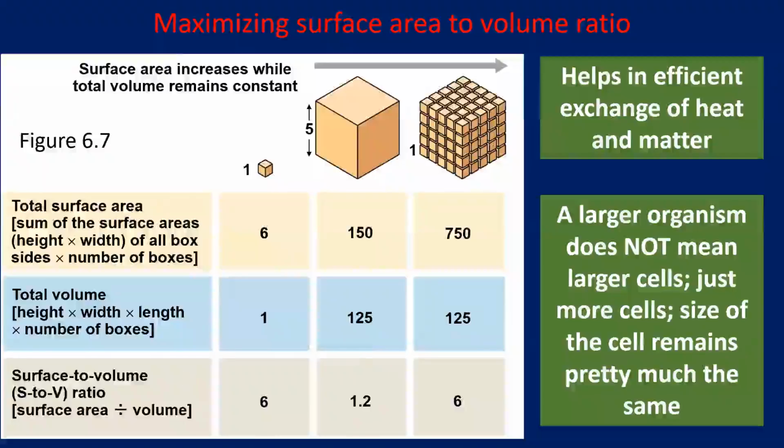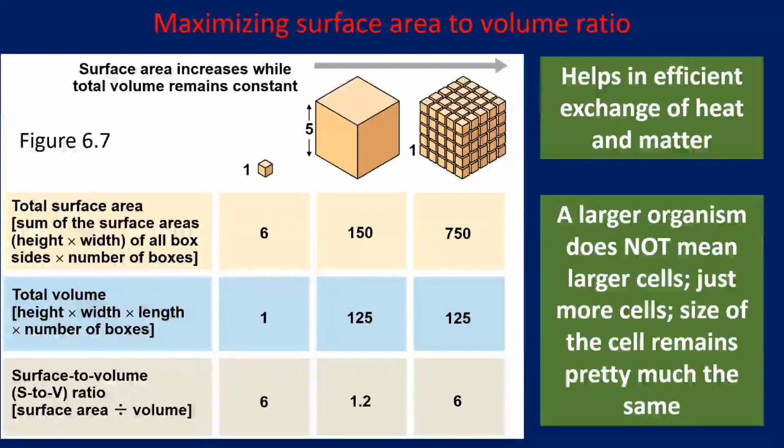Now let's come back to the cell, and the maximizing of the surface area to volume ratio. This particular situation in the cell helps in efficient exchange of heat and matter. A larger organism does not mean a larger cell. It just has more cells, and the size of the cell remains pretty much the same.